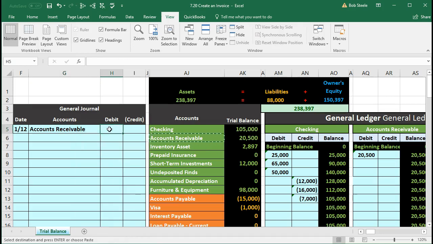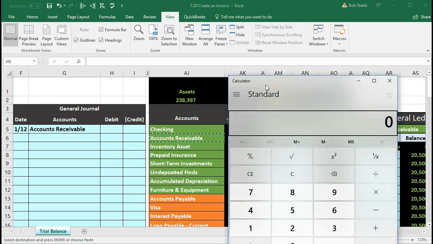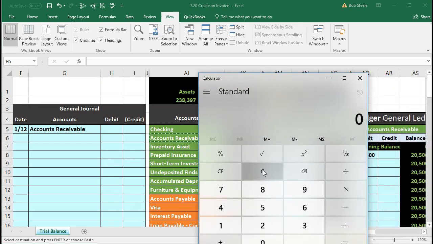The amount then will be, we can do a quick calculation on this. We'll do it with the calculator first. We sell it for $410, but we're also going to have to collect on that the sales tax. So 410 times 0.05 for the sales tax would be $20.50 plus the 410 original amount.